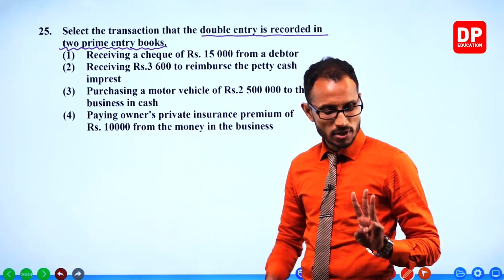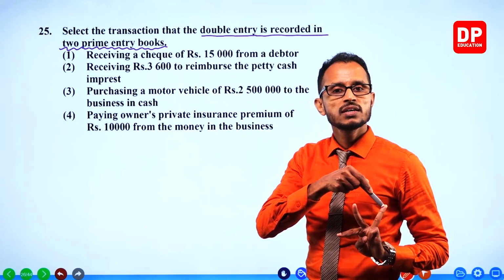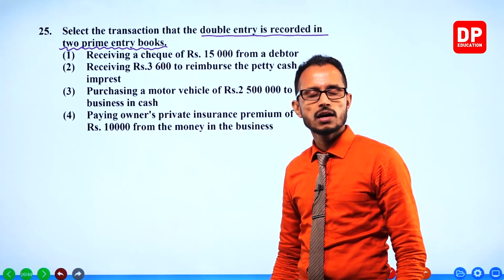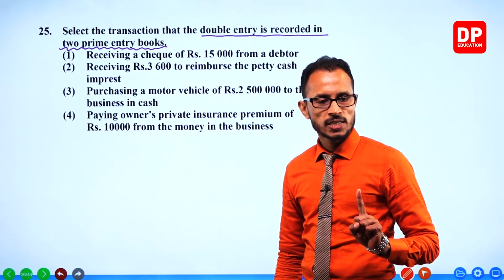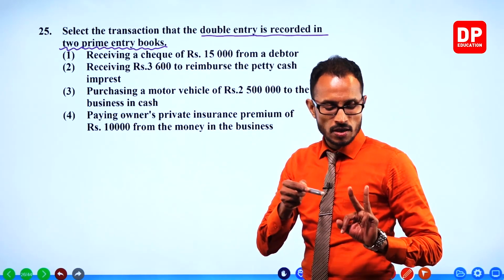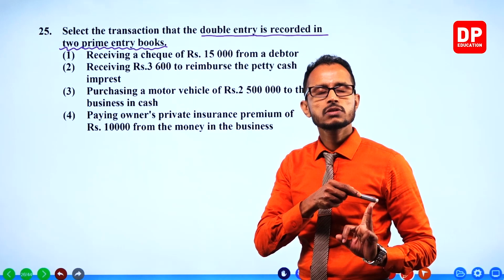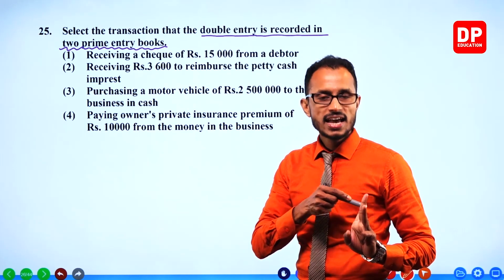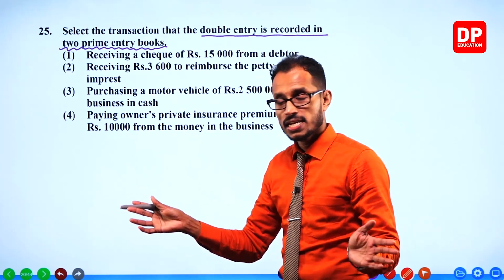And petty cash book is also a prime entry book. So petty cash book, bank book meaning bank account, and cash book are the prime entry books which act as ledger accounts.